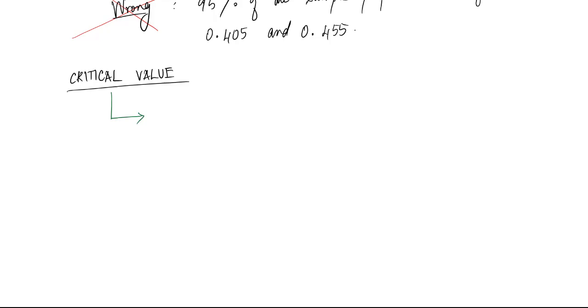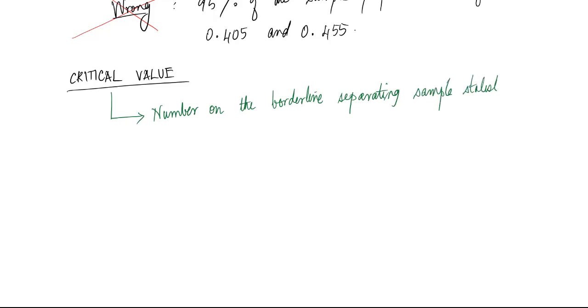So I just say it's a number on the borderline separating sample statistics that are significantly high or low from those that are not significant.